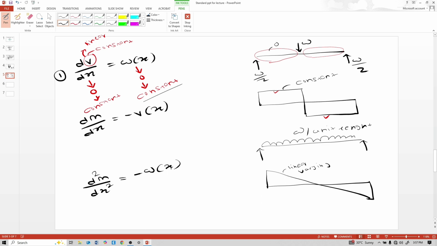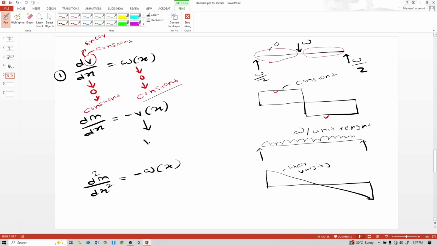So this is the relation. And now see this dm by dx is equal to v of x also. See, this is linearly varying.